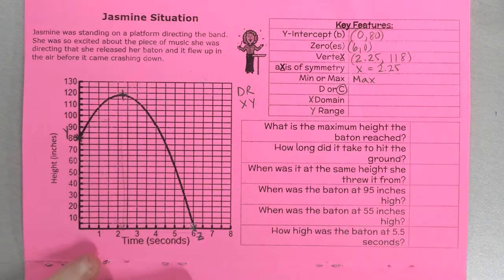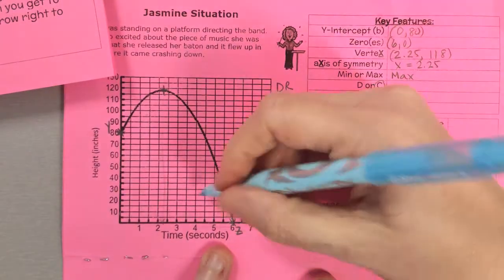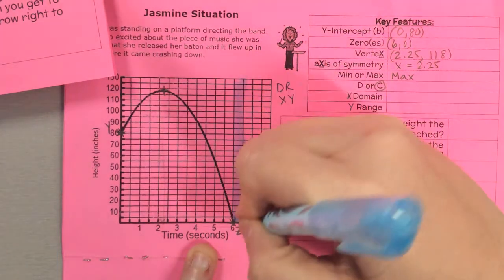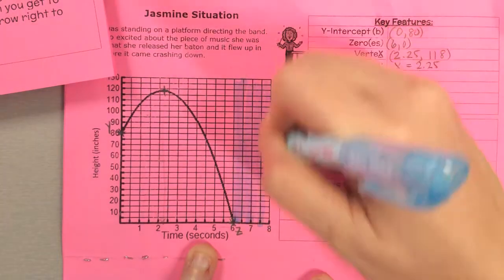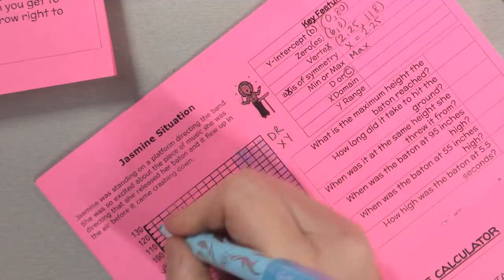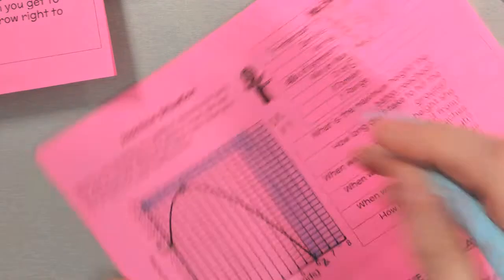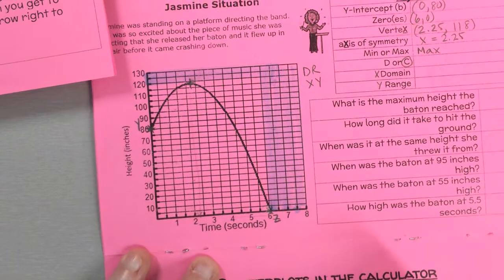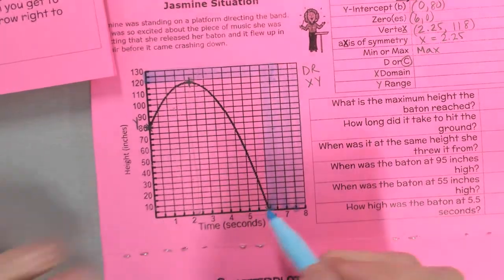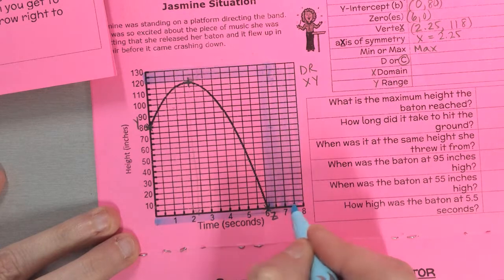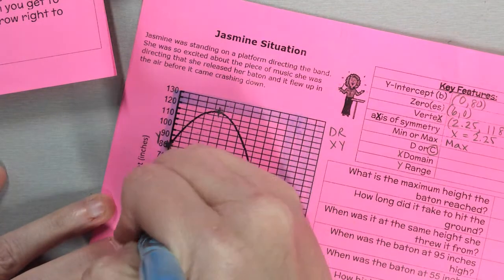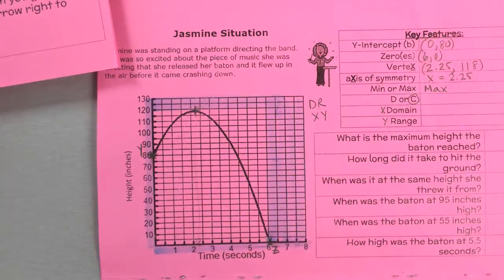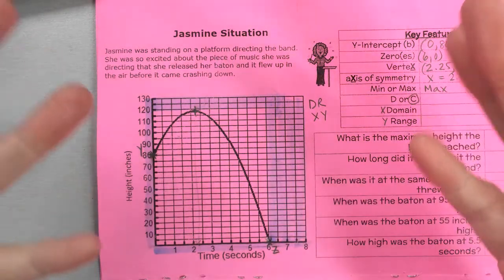Now, on some of the videos, some of the activities that you have or will be doing, like some of the Desmos activities, instead of having you put a box on the outside, they have you put a box over the graph, but it's kind of the same thing, right? Now, can I box the bottom and side of this? Hopefully what you're saying is yes, I can, because if I think about this real world situation, she's throwing this baton up in the air, like she's a band director, and the baton flies out of her hand.